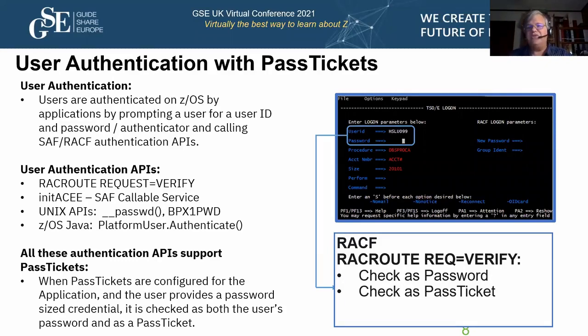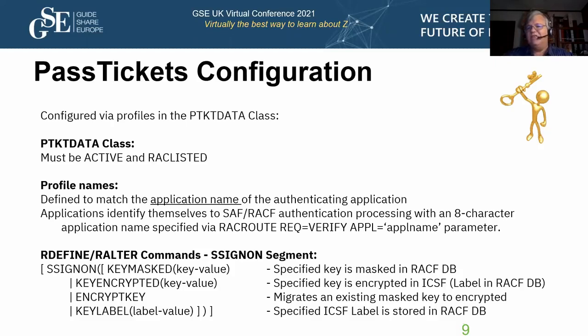Now, the way this works is there are profiles defined that identify where the key is, and you can control this at the application level. The PTKTDATA class is where the profiles which have this information have the pointer to the key or the key itself. That class must be active. That class must be RACLISTed.